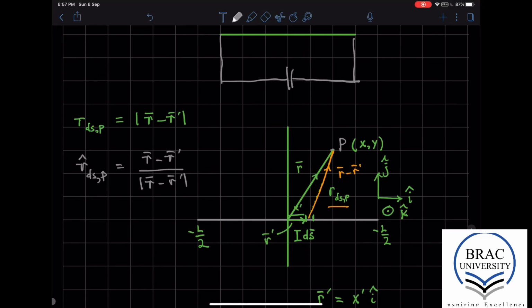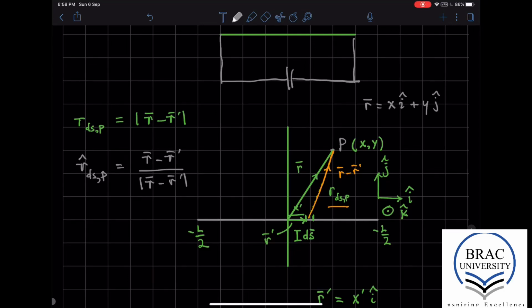Now we can evaluate this explicitly. Recall that r, the position of the point P, is x times the i hat vector plus y times the j hat vector.